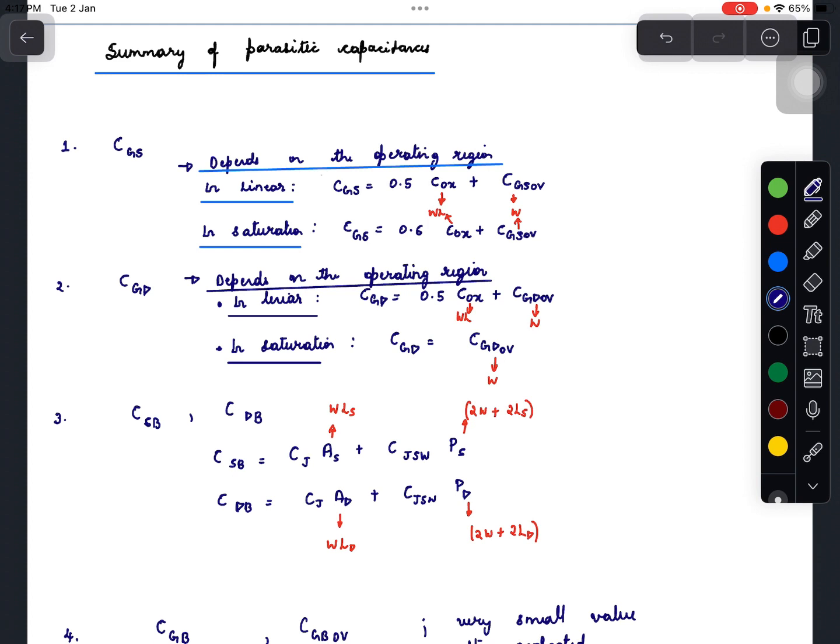CGD is the next capacitor. It also depends on the operating region. In linear region, gate to drain capacitance is 0.5 times COX plus CGD overlap. In saturation region, CGD is a very low value, which is equal to gate to drain overlap. This is generally 2 orders of magnitude smaller than CGS.